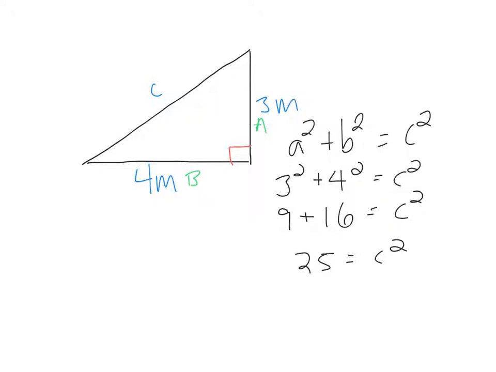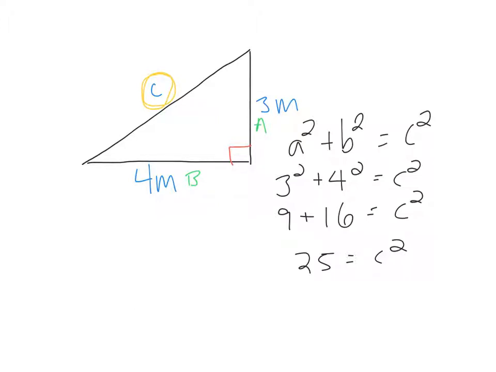Well, big question here, ladies and gentlemen, is we're not trying to find what c squared is. We're trying to find out what c is. So how do I eliminate this square here? Well, what is the opposite of a square? That's what I need to think to myself.